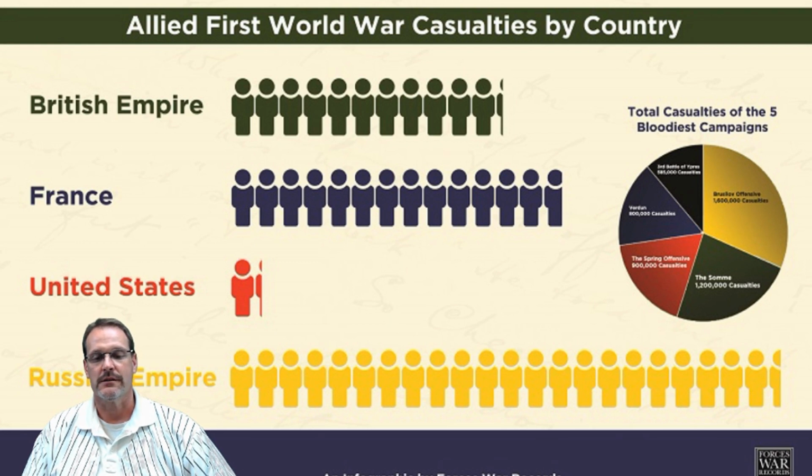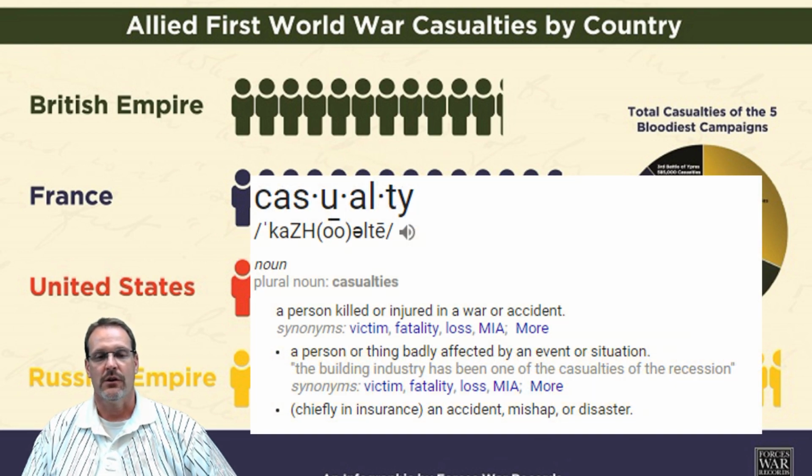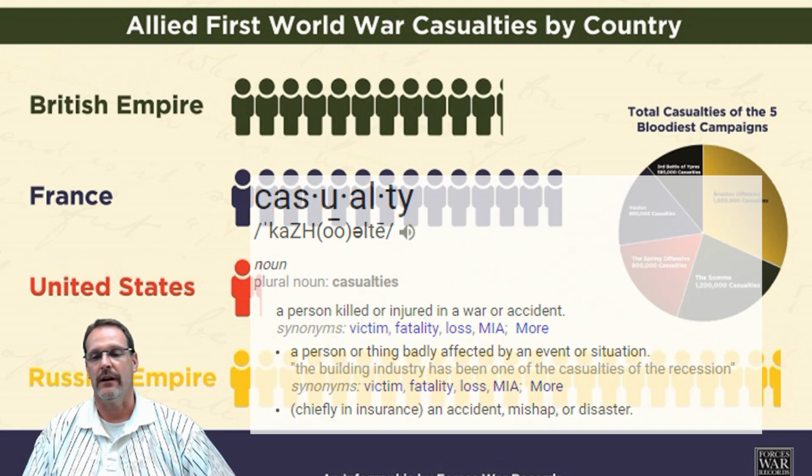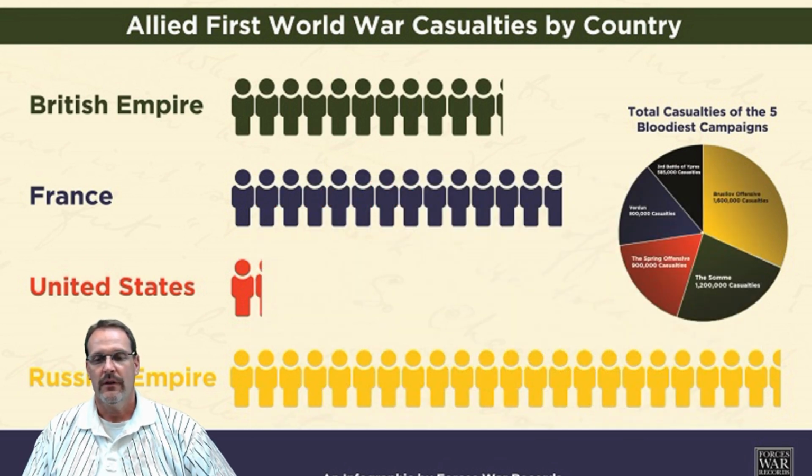Look at the Russians when it comes to soldiers being called to service, and how important Russian service was. There's the United States. That's basically less than a year of warfare. So you understand that the French and the British had been at war for almost 4 years prior to our entry. These are some of the major battles.